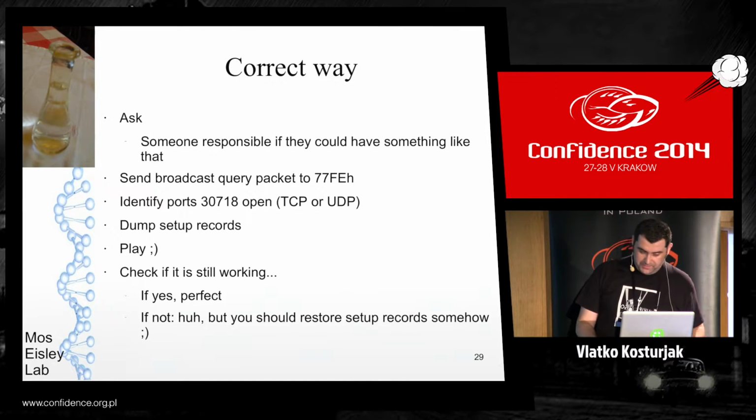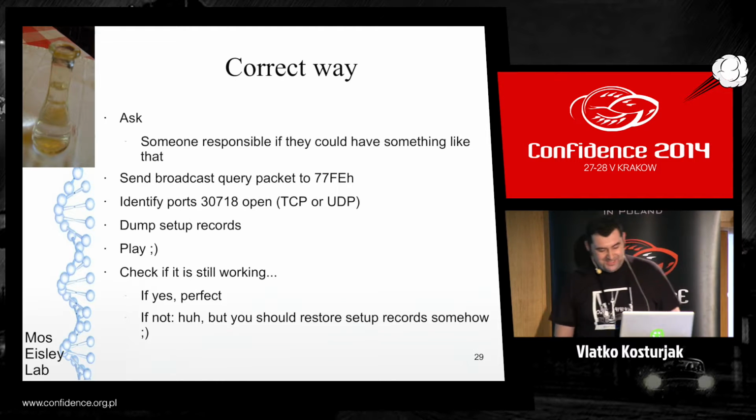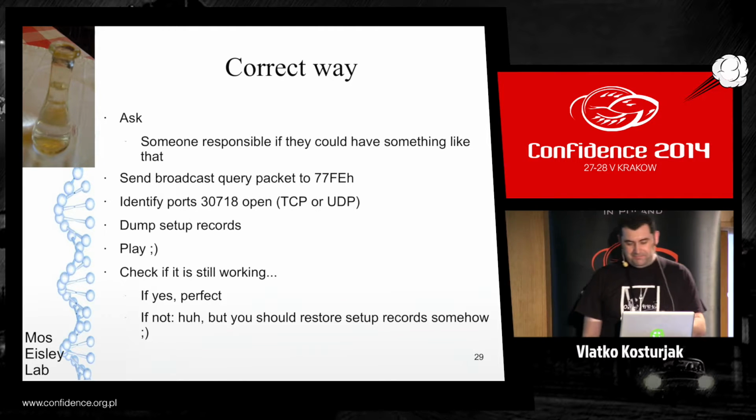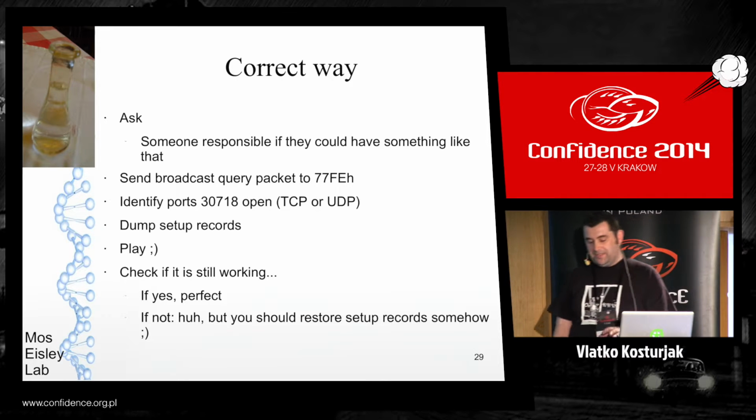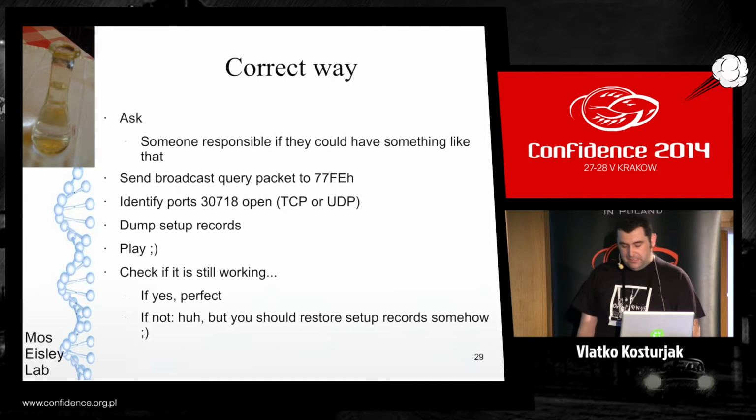So the correct way would be that you ask someone responsible if they have something like this. That means if they have some kind of embeddable device or a control system, the best is to send a broadcast query packet to this port, and they will just reply back with the configuration.